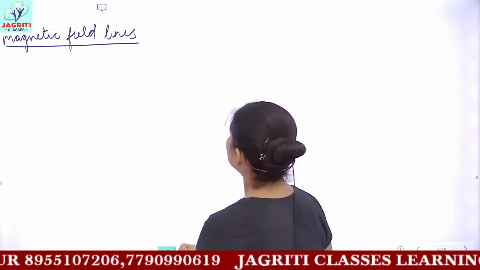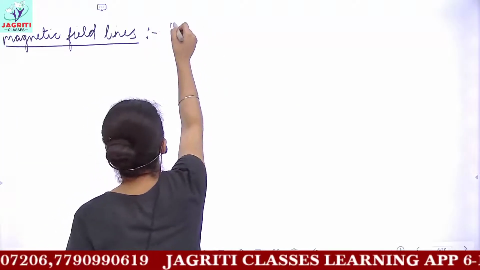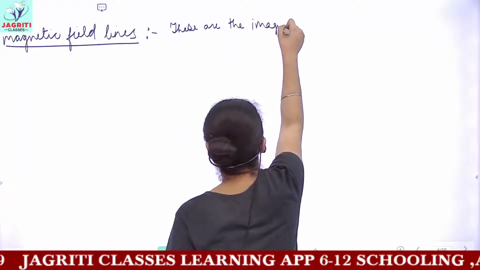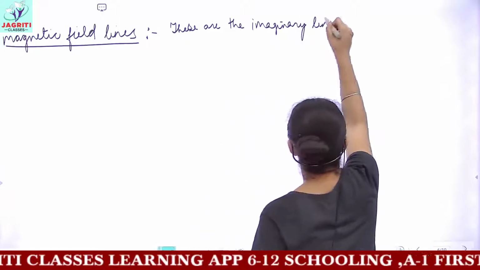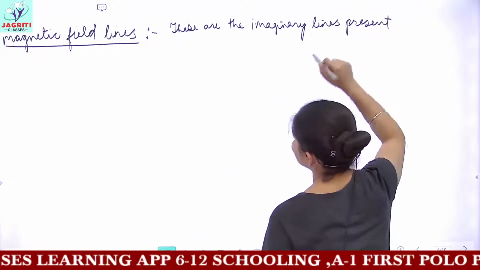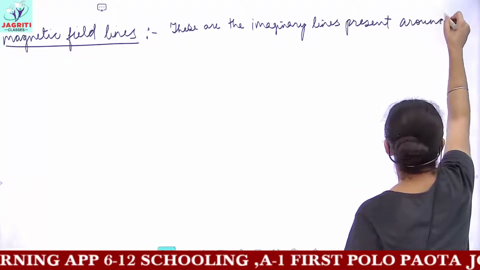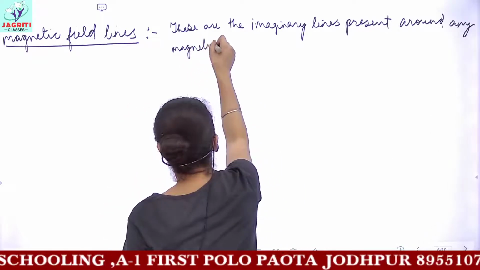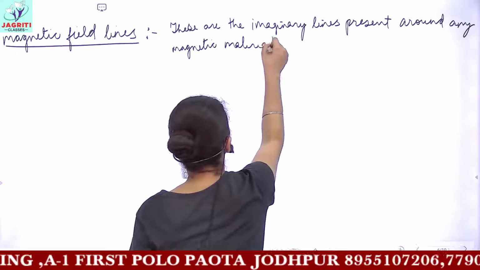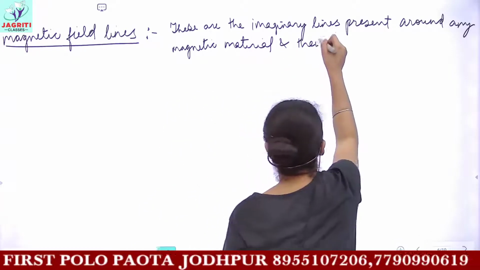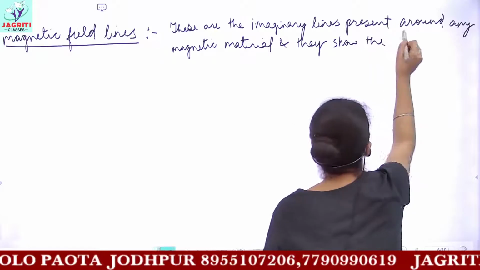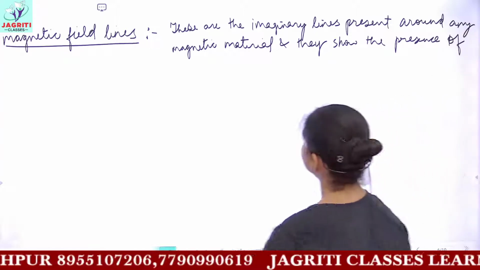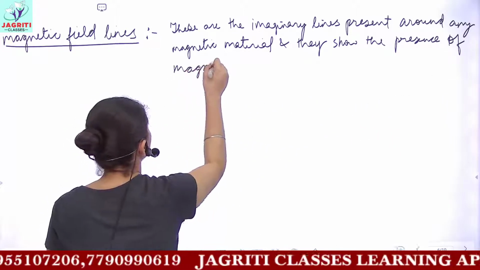Okay, so magnetic field lines can be defined as: these are the imaginary lines present around any magnetic material and they show the presence of magnetic field around that material.